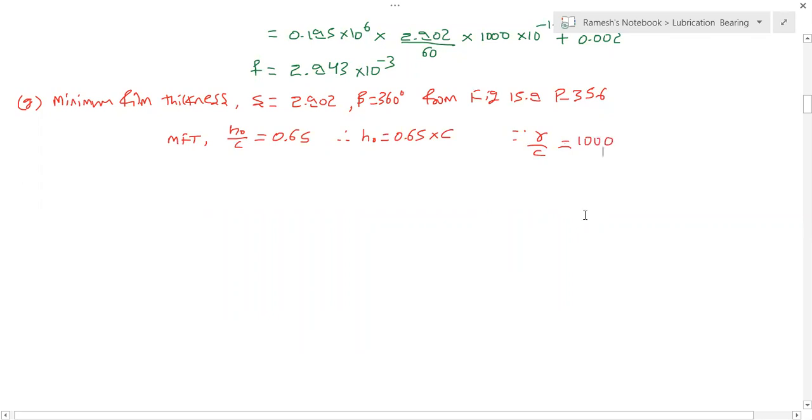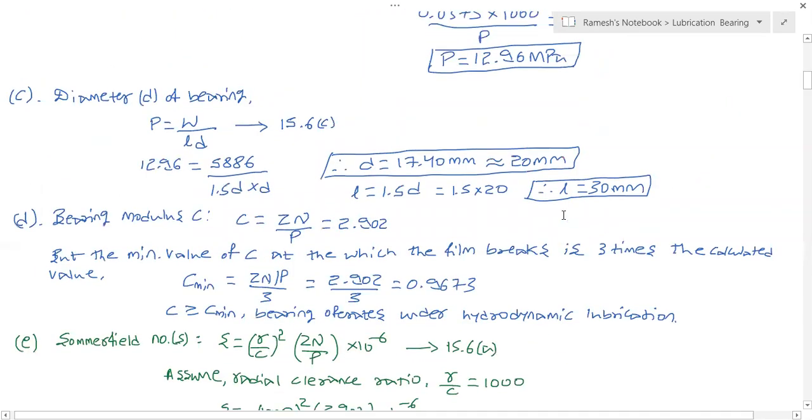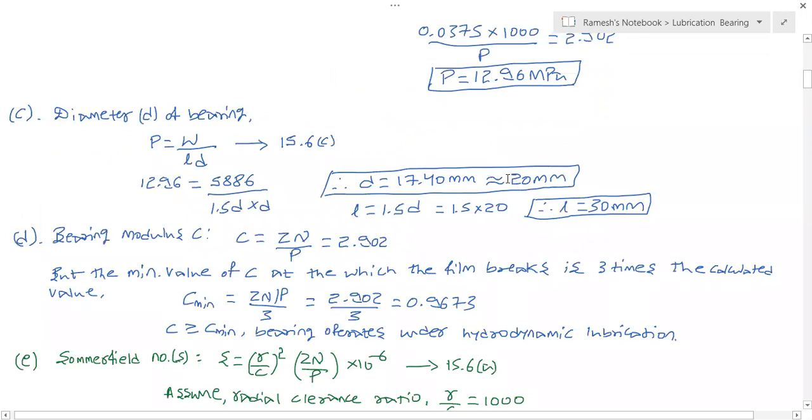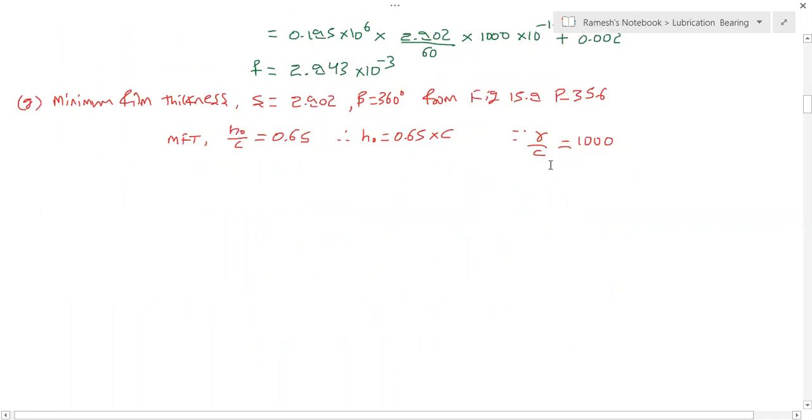Already the diameter is calculated. The diameter of the bearing, how much did I get? It is 20. Therefore, radius is d by 2. Therefore, C is equal to, you take it to the left hand side. R is 10, that is d by 2, 20 by 2 is 10, divided by 1000.